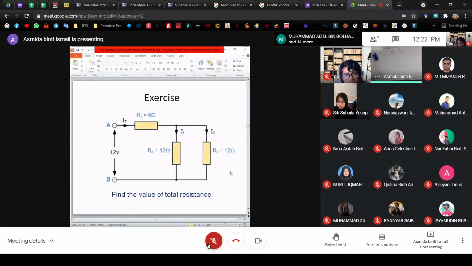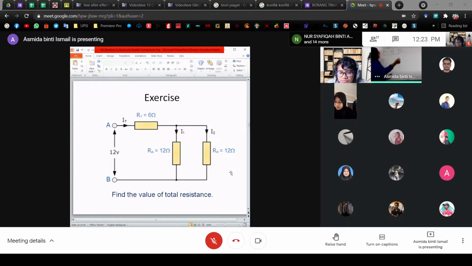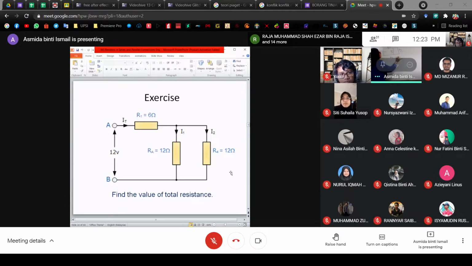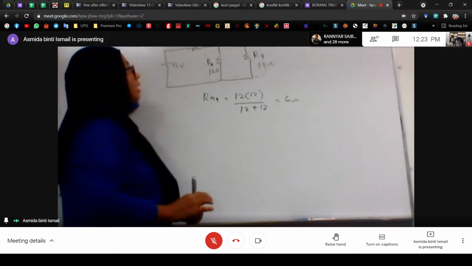Okay. As I said earlier, these two are connected in parallel. So you can combine them: RA4 equals 12 times 12 over 12 plus 12. We got 6, 6, 18.